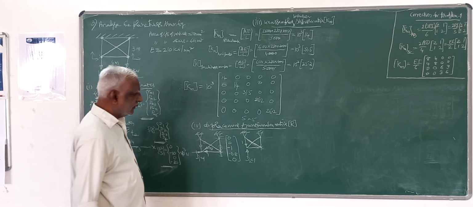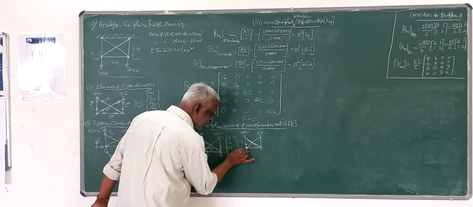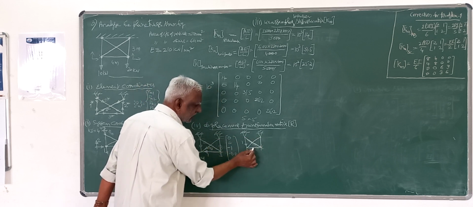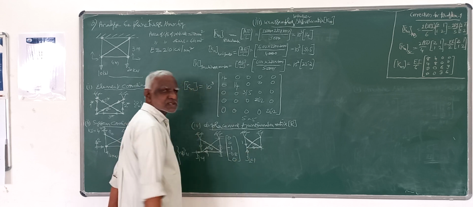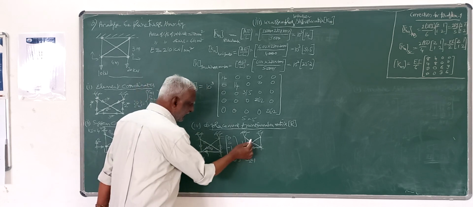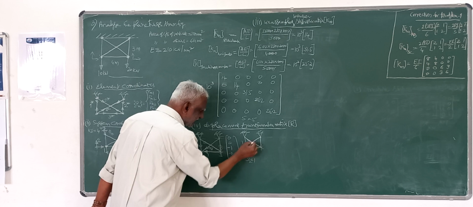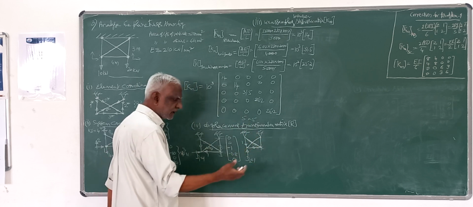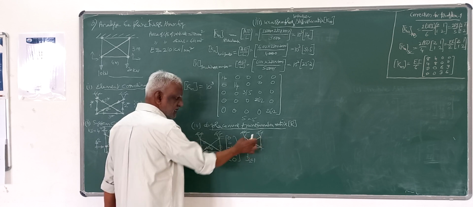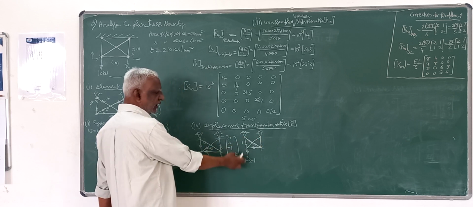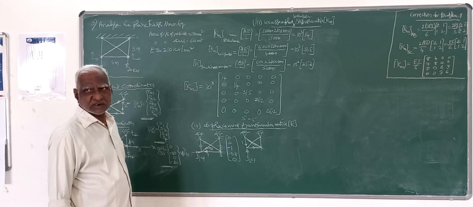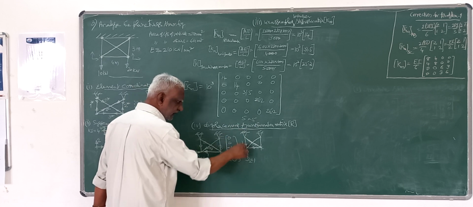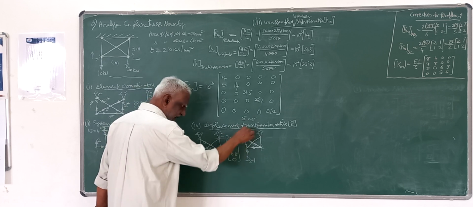And this member is horizontal, so there cannot be any displacement. And in the inclined member, I will get again a vertical component in this direction, because by compatibility the member end displacements have to be equal to the displacement at the joint. So here also the vertical displacement component should be in the opposite direction, that is down.